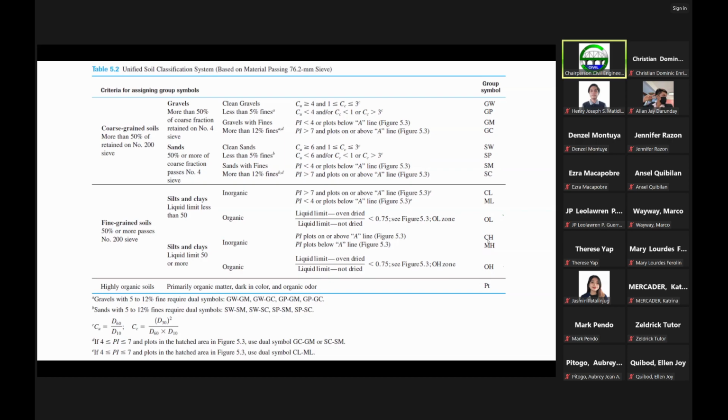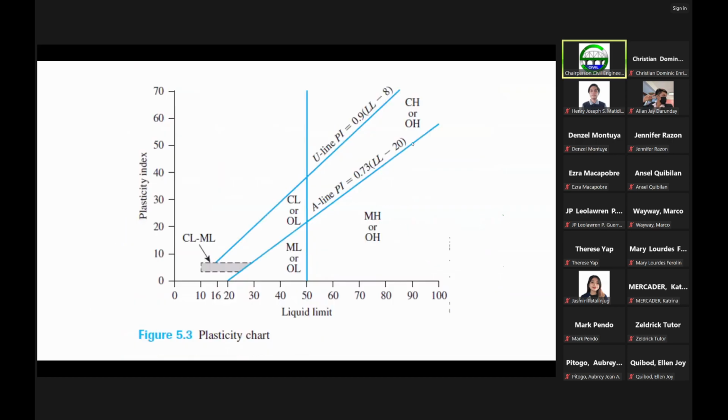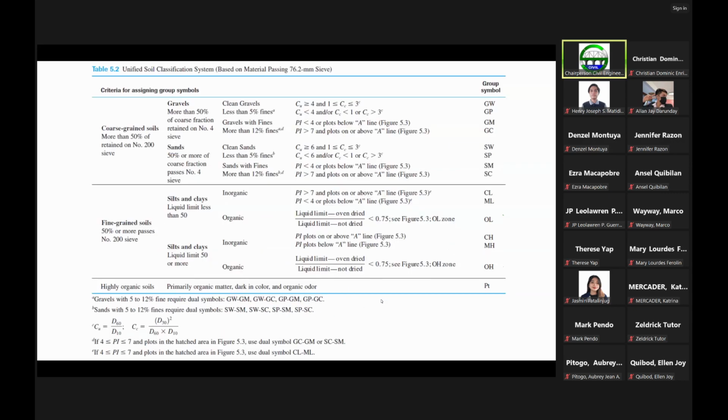H means high plasticity, C means clay. If the PI plots below the A-line of the plasticity chart, then we call it a high plasticity silt. H means high plasticity, M means silt.